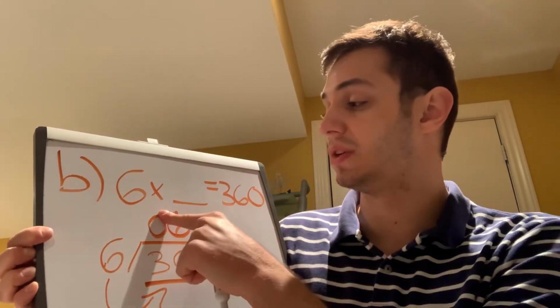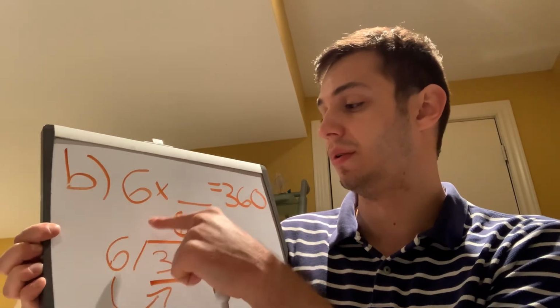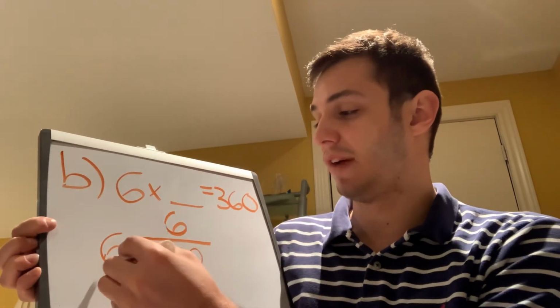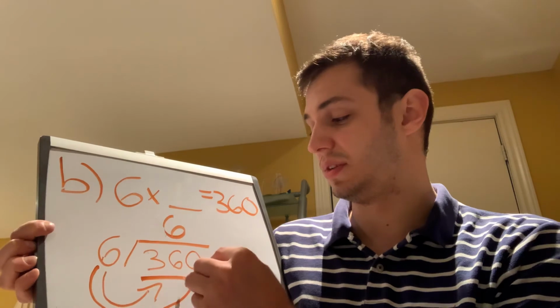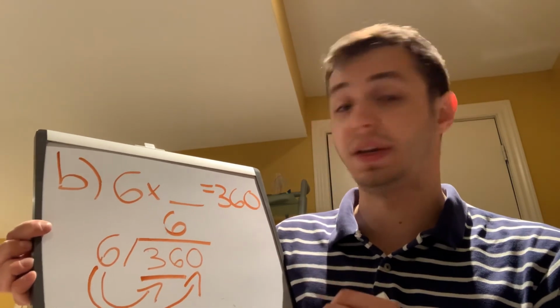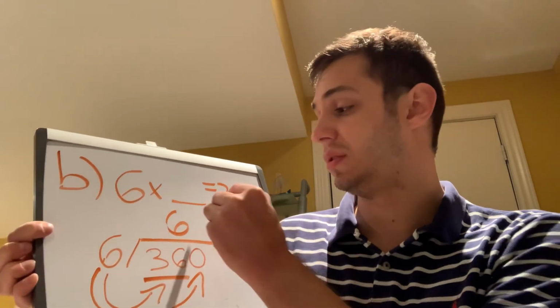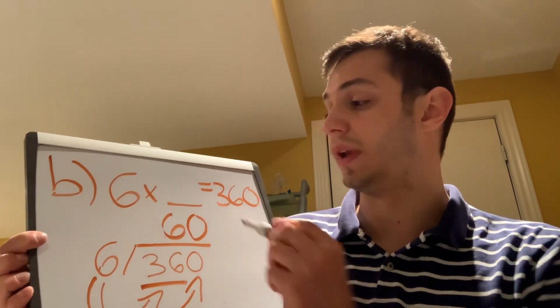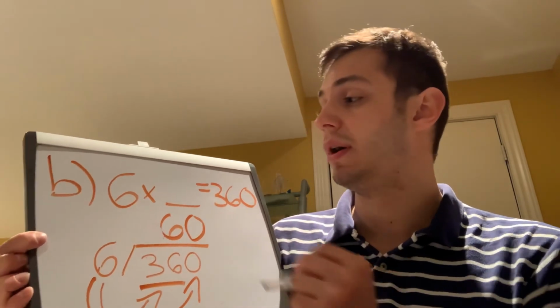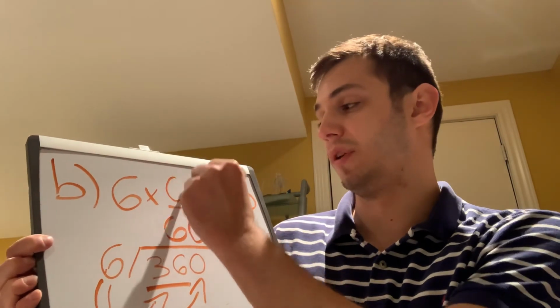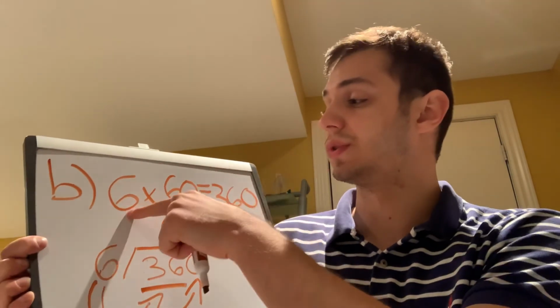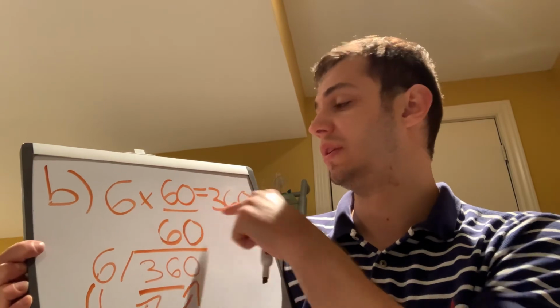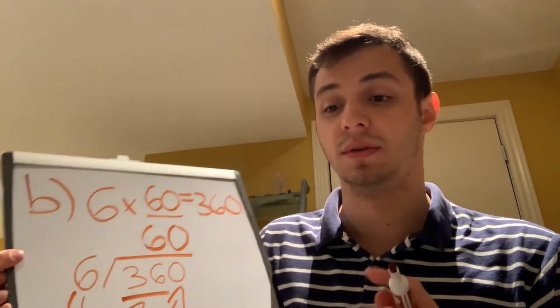But we don't write the 0 because it's in front of the number. And now we have to divide. Can 6 divide into 0? Yes. How many times? 0 times. So our answer is 60. So now that we've solved our division problem, I'm going to write that number in for our multiplication problem. So 6 multiplied by 60 equals 360.